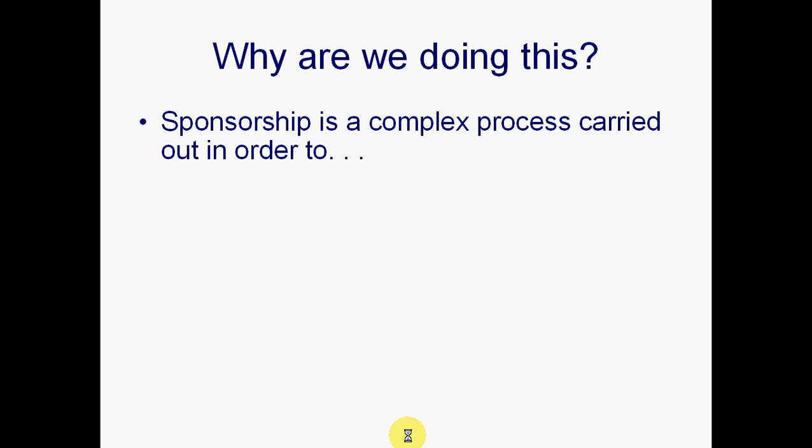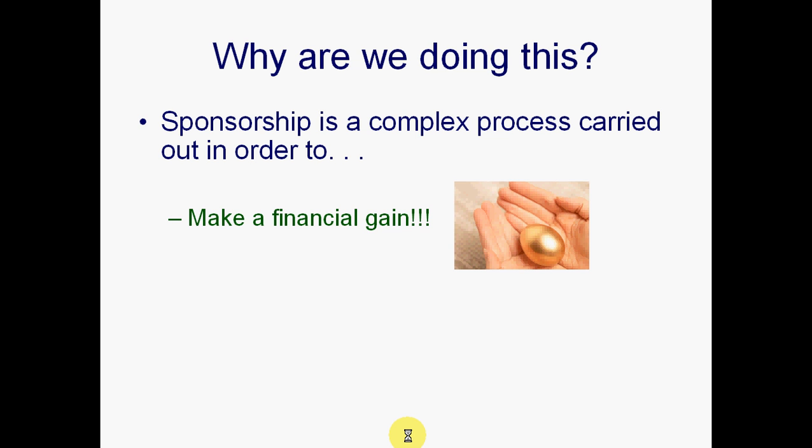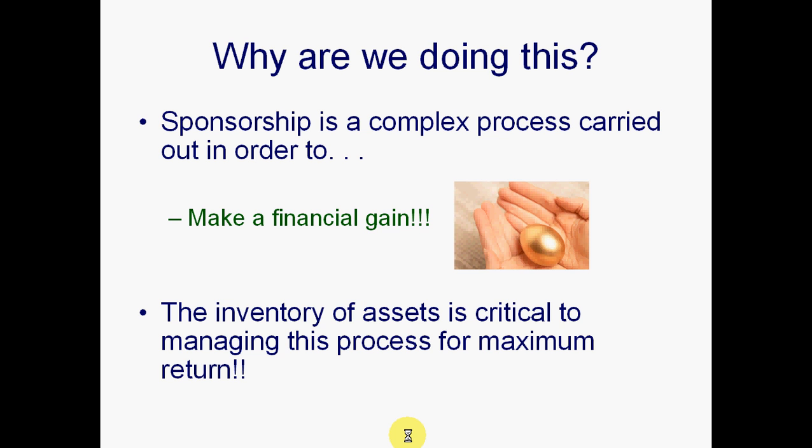But we go through this complex process because it allows, or hopefully allows, our events to make a financial gain. And the inventory within sponsorship is a critical component because it gives us the information that we need to maximize our return and most effectively manage event sponsorship.